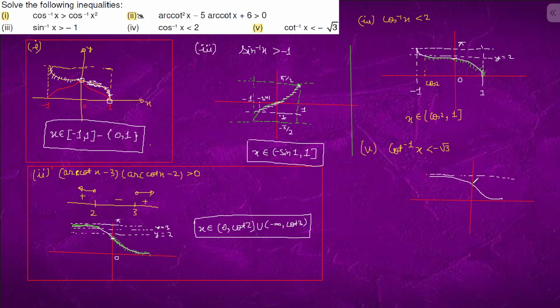This is pi by 2, this is pi, this is 0, and minus root 3 is somewhere here. Cot inverse x is less than minus root 3. For any value of x, it will be positive. Minus root 3 is on this side. Y is minus root 3.